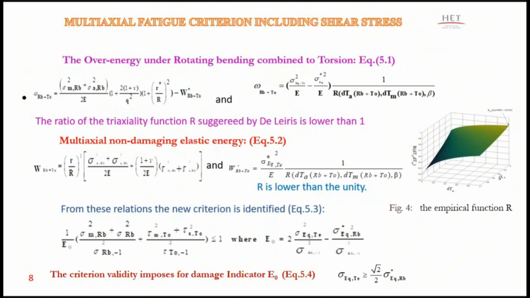Here you have the multi-axial criterion in this expression. The relation is identified, and the criterion validity imposes for the damage indicator sigma XTE superior to root 2 under 2.